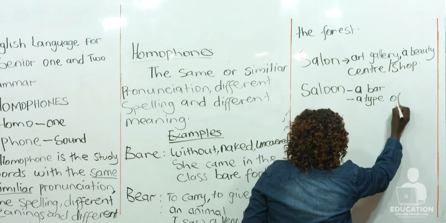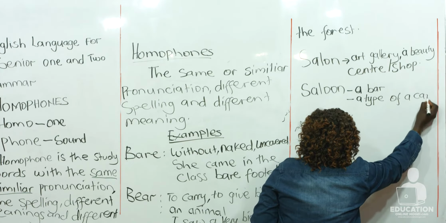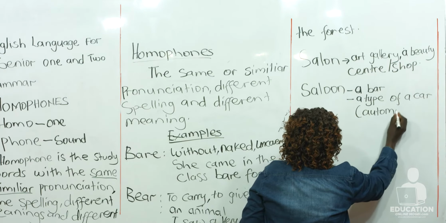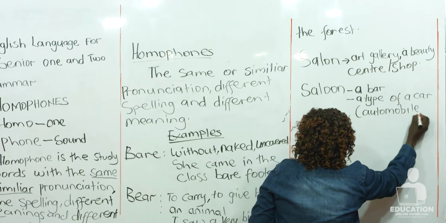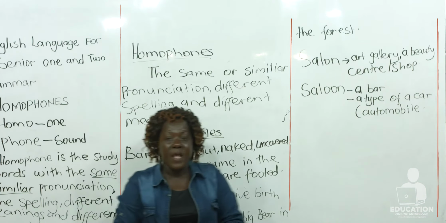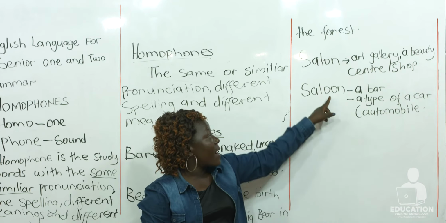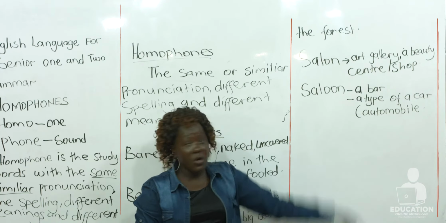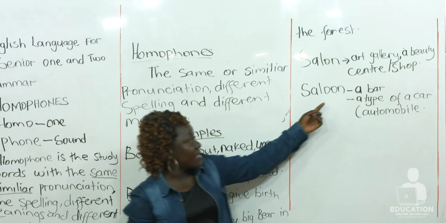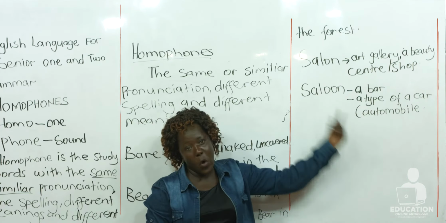Actually, it is connected to automobile. So you can say, I have a saloon car with double O. Or you can say, let me just go to the saloon and drink some wine. It is this one with double O.